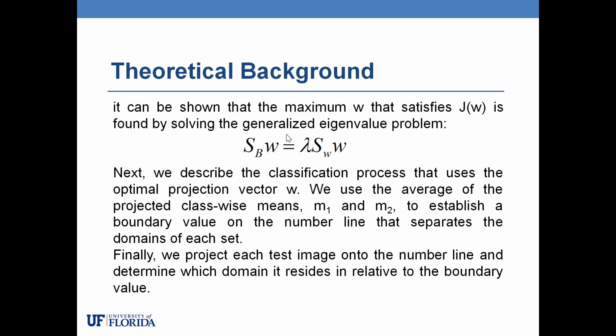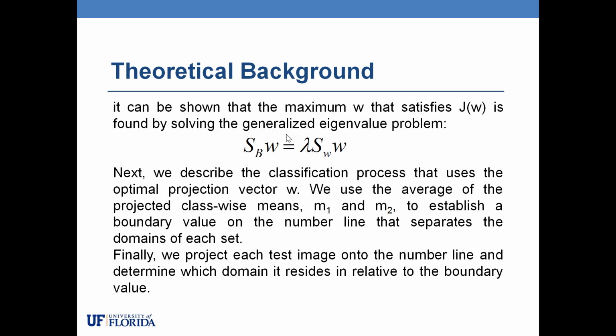Next, we describe the classification process that uses the projection vector W. We use the average of the projected class means M1 and M2 to establish a boundary value on the number line that separates the domains of each set.